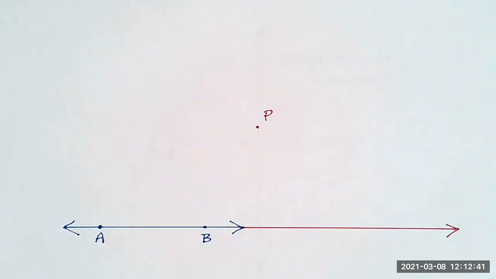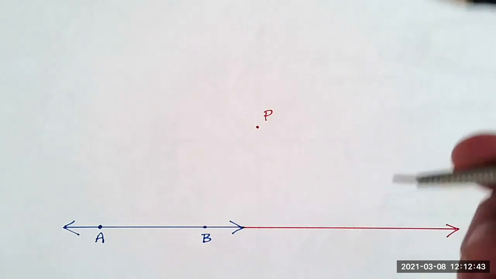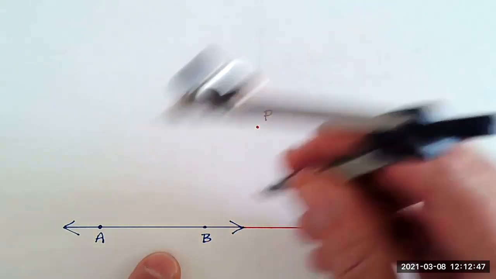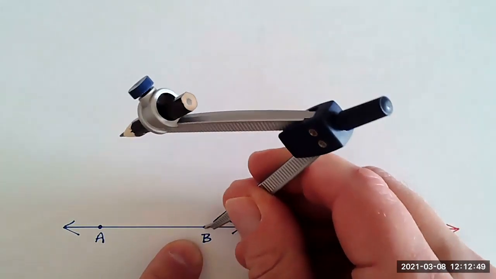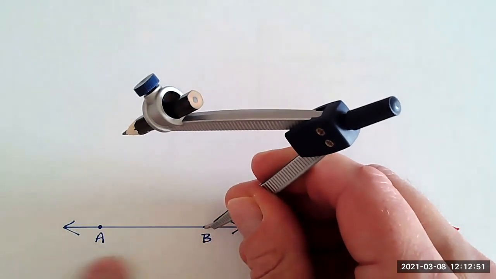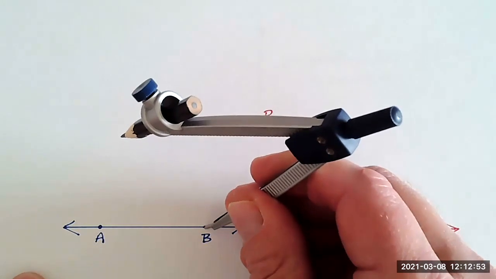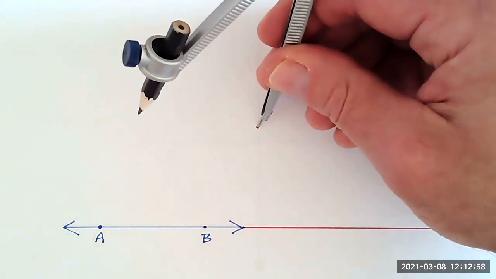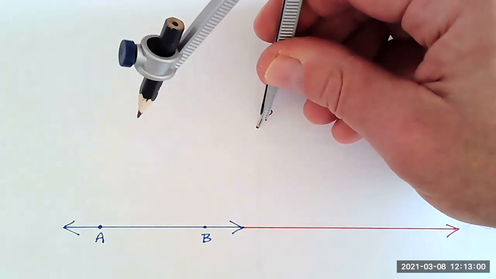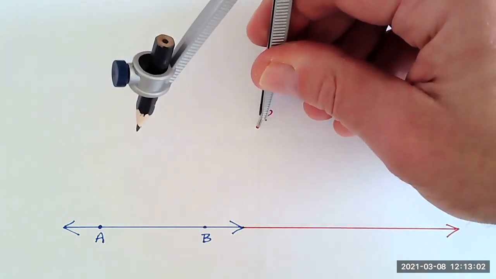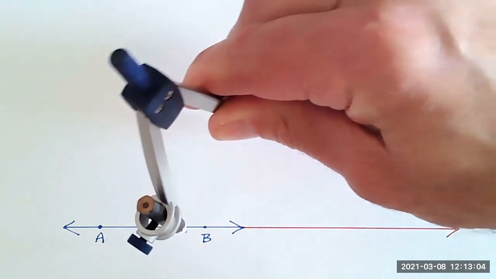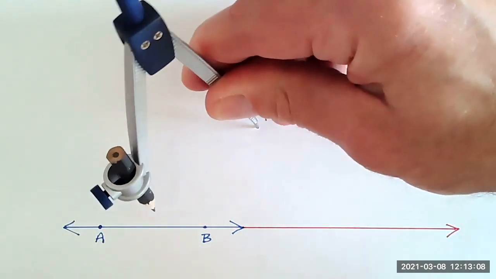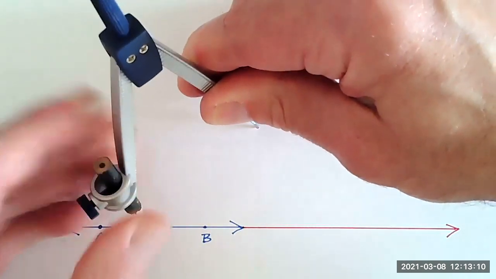Now that I've extended my line AB, I can take my compass. Remember that for a perpendicular bisector, the point of the compass was on the endpoints of the segment. In the case of an altitude or perpendicular segment, I'm going to put the point of my compass on the point that's going to be on the perpendicular segment. From there, it really doesn't matter what the radius of the compass is, it just has to be consistent when I make both arcs.